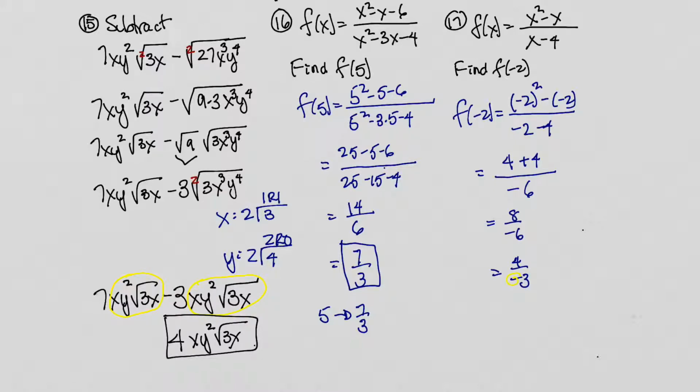Whenever you see a fraction with a negative sign in the denominator, put it on top right away. So this is going to give us that f of -2 is -4/3. There we go. So what we're saying is that if you put -2 in, you get -4/3 out.